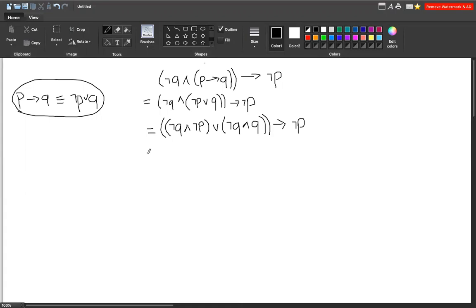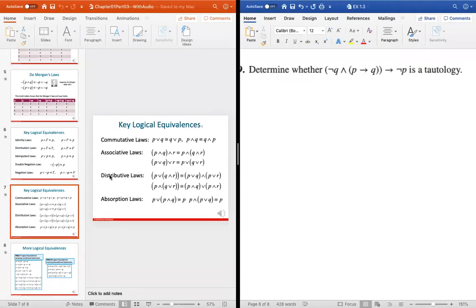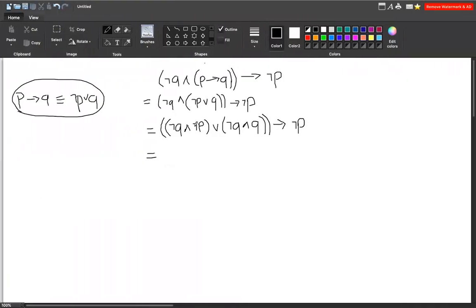Okay, so this was the major trick here. Remember, whenever we have opposite signs on the inside and outside, we use the distributive law to open them up like this. So we use the one at the bottom: and on the outside, or on the inside, we put the and inside and or outside.